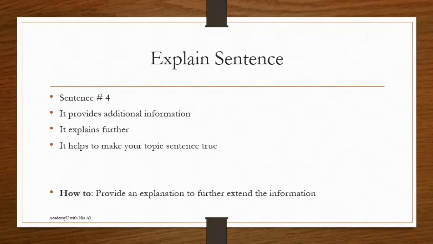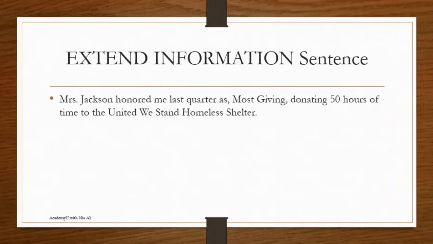So how do we write an explain sentence? You simply provide an explanation to further extend the information on what you just said. Let's take a look at what that looks like. Here's the explain or extend information sentence. Mrs. Jackson honored me last quarter as most giving, donating 50 hours of time to the United We Stand homeless shelter.